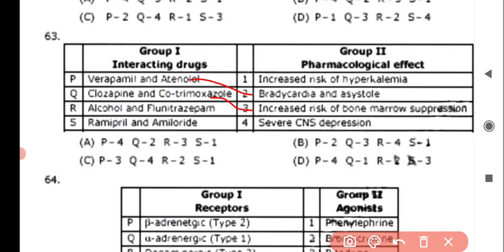The next, alcohol and flunitrazepam. The correct answer is option number 4, that is severe CNS depression. For ramipril and amiloride, the correct answer is option number 1, that is increased risk of hyperkalemia. So for this question, the correct answer is option B.